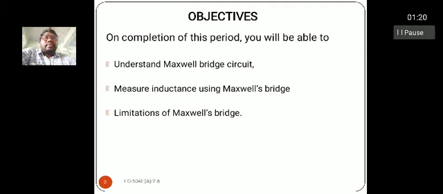On the completion of this period, you will be able to understand the Maxwell's bridge circuit and measure the inductance using it. That means with the help of this Maxwell's bridge we measure the inductance, and we will see the limitations of the Maxwell's bridge, and also a small introduction about the Hales bridge.